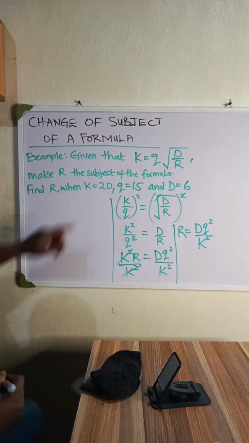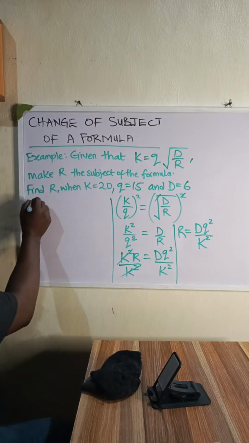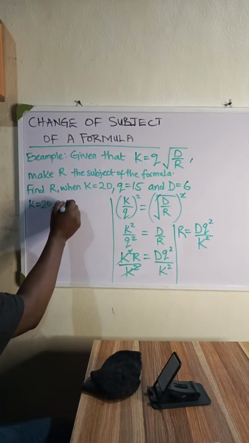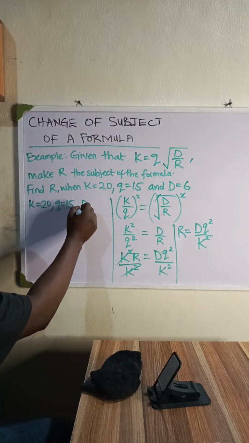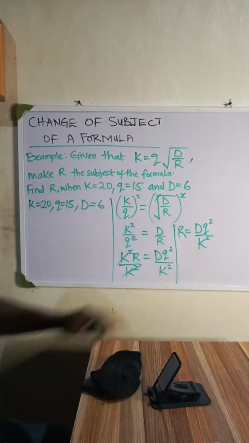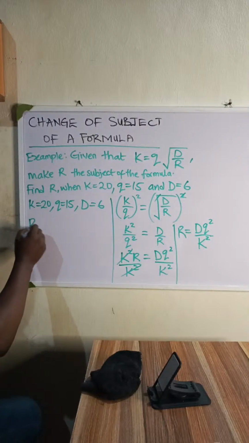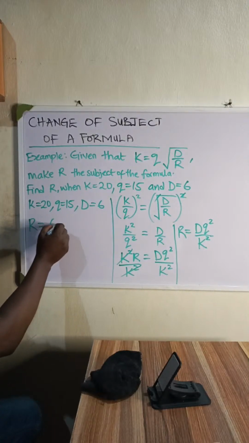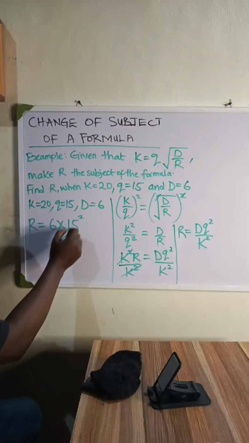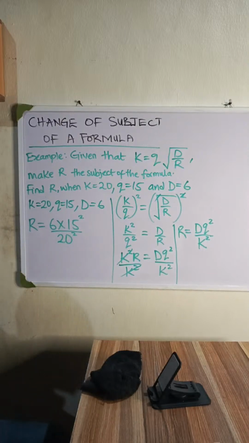So we know that k is equal to 20, q is equal to 15, and d is equal to 6. So we replace those values here. So this will give us r is equal to 6 times 15 squared all over 20 squared.